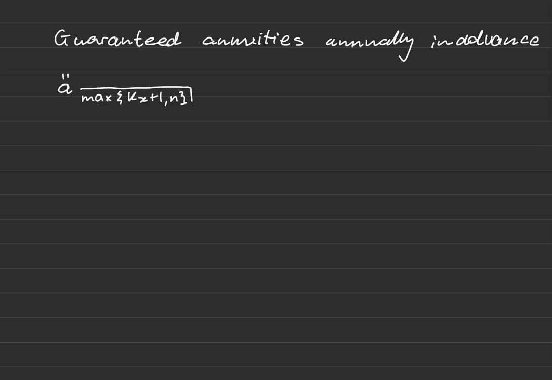Now, if this person lives for less than n years, in other words, their number of whole years of life that are left is less than n, then I must choose the maximum of K_x plus 1 and n, which will be n, because their number of whole years of life will either be n exactly if they die in that nth year, in which case K_x will be n minus 1, and then we have n minus 1 plus 1, which will be n.